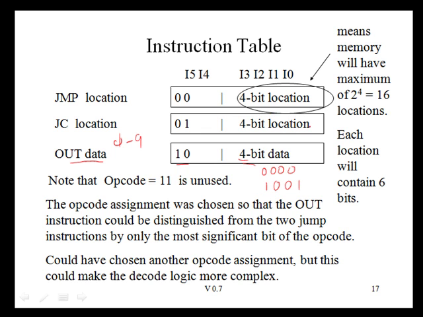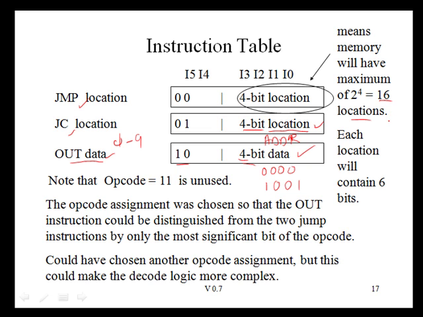What about the data field for the jump conditional instruction and the jump instruction? For simplicity, we're initially going to keep this field the same width as the data field for our out instruction, and this field is going to represent a location in memory that we're going to jump to. In other words, it will represent the address of the instruction that we're trying to jump to. By using only 4 bits, this is going to limit our memory to only containing 16 locations.